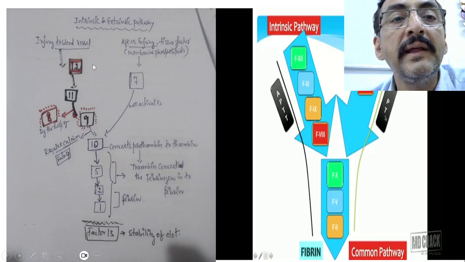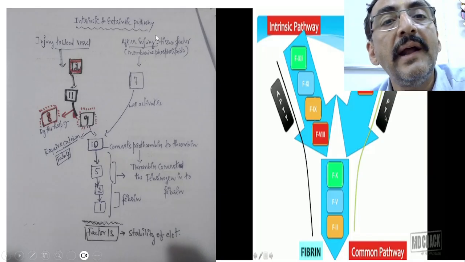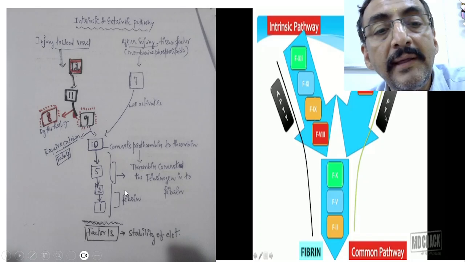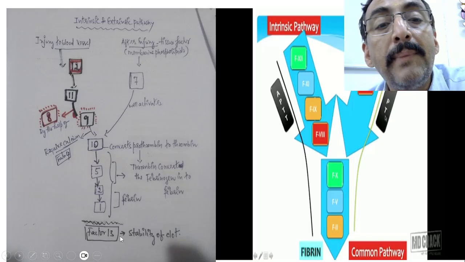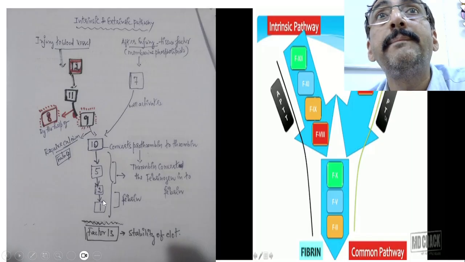Similarly, if the intrinsic pathway is working well and the extrinsic is not, coagulation will still take place, but the strength of the hemostatic plug will not be up to the mark.